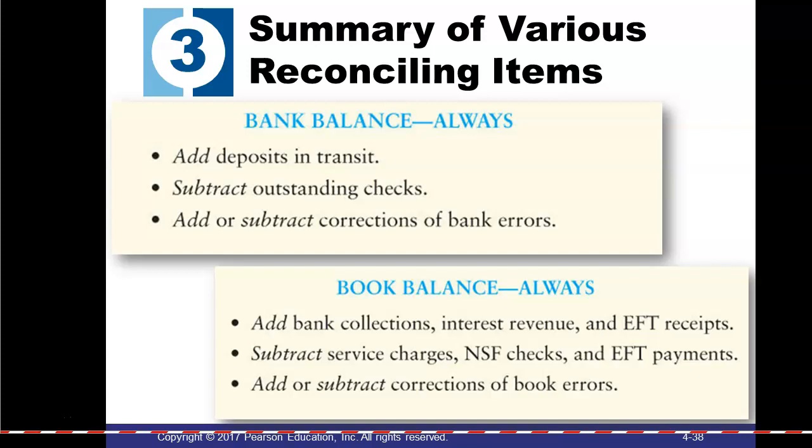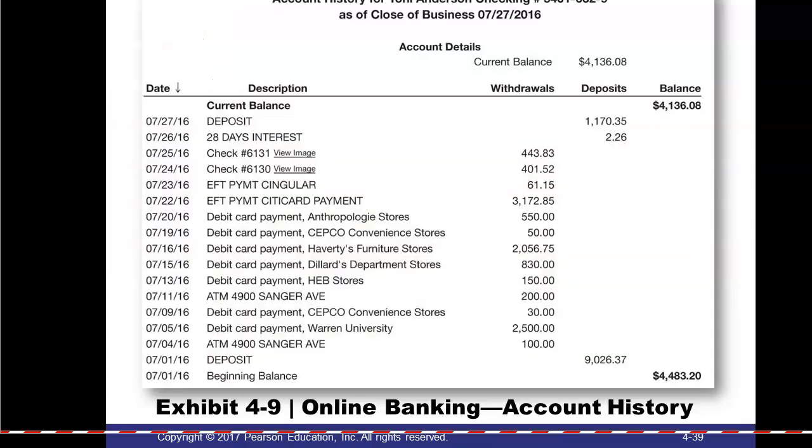You're also going to subtract any bank fees, NSFs, or anything else that you have taken from your bank balance that you should show on your general ledger, and any adjustments relating to corrections, etc. So these are kind of the scenario of what type of transactions you'll need to record in order to get the two accounts to agree.